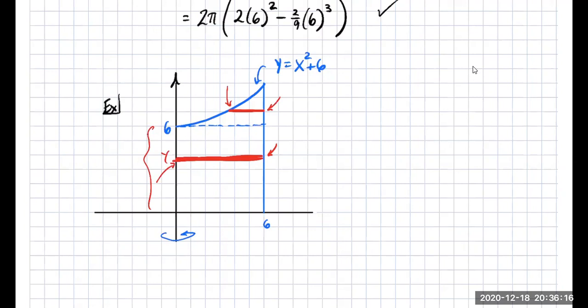Work smarter, not harder. In this scenario, we would need one integral to go between 0 and 6. That would take care of all this part. Then we would need a totally separate integral to take care of the top portion of it, which would be this wedge right here, when it goes around the y-axis. So you need two separate integrals. Now, you can save yourself a little bit of trouble.